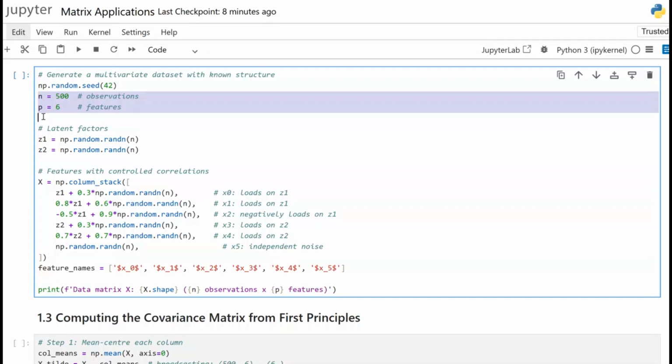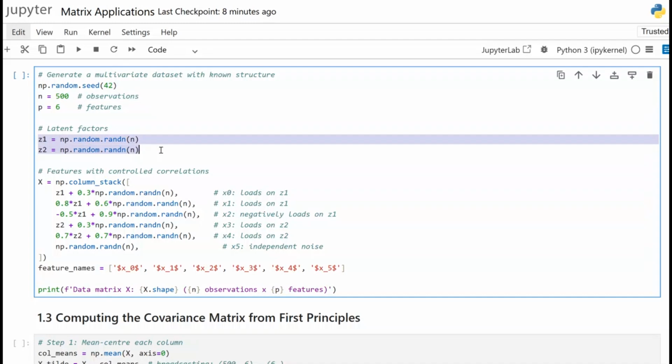And when we go for the latent variables, these are hidden factors. So we have two independent standard normal variables, Z1 and Z2. These act as latent factors that induce correlations among observed features.